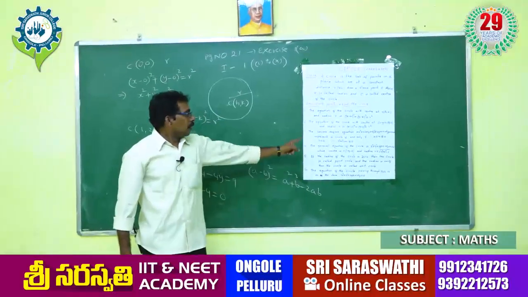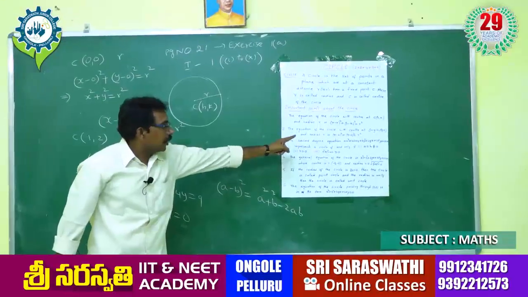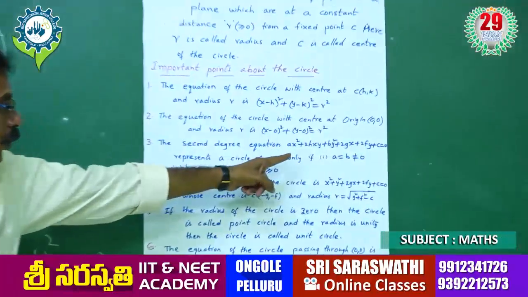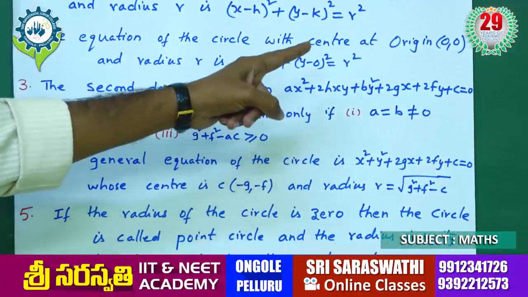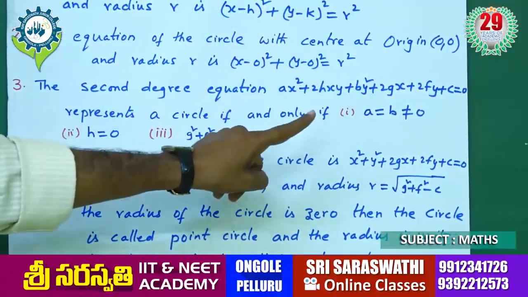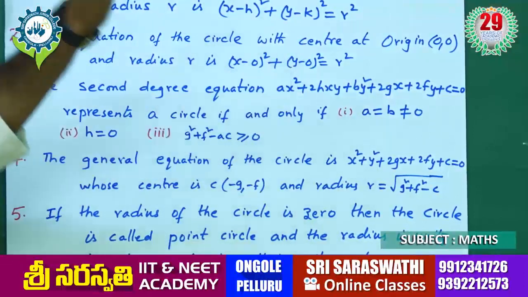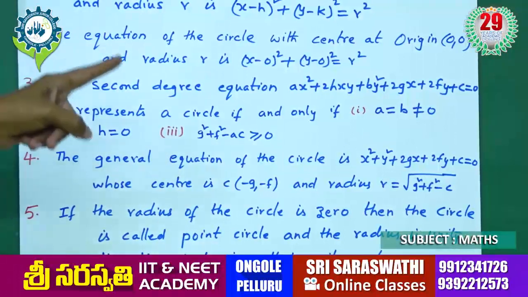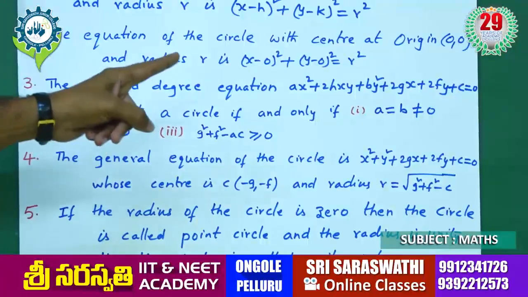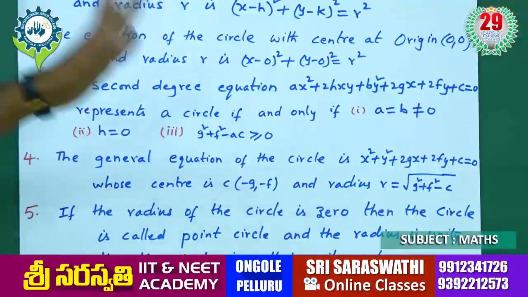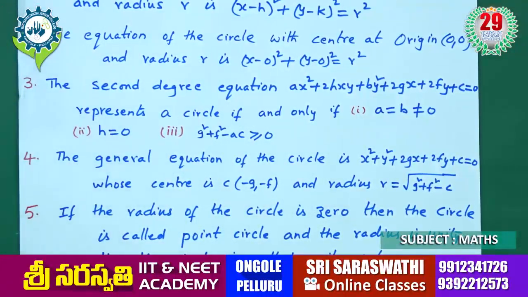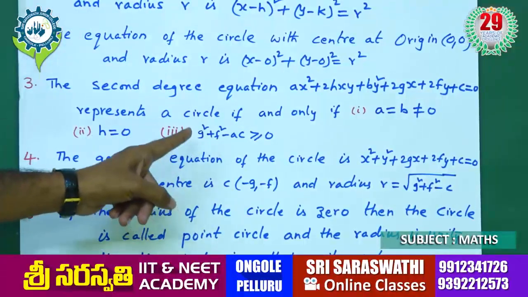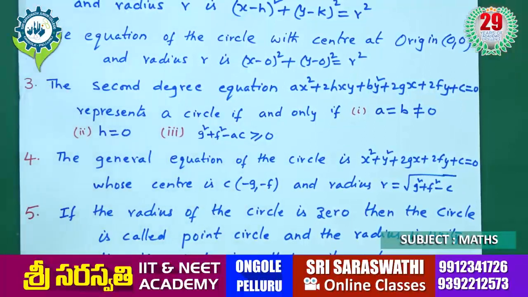Next point is the second degree equation ax square plus 2hxy plus by square plus 2gx plus 2fy plus c is equal to 0 represents a circle if and only if a is equal to b not equal to 0, h is equal to 0, and g square plus f square minus ac is greater than or equal to 0.